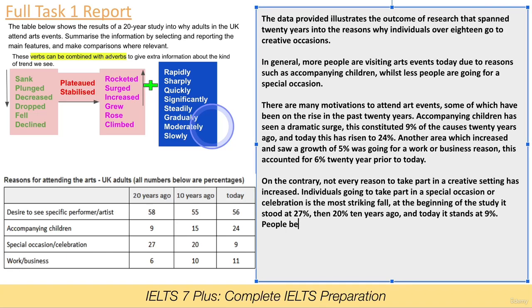People having desire to see a specific performer or artist isn't as striking, it has only dropped slightly.